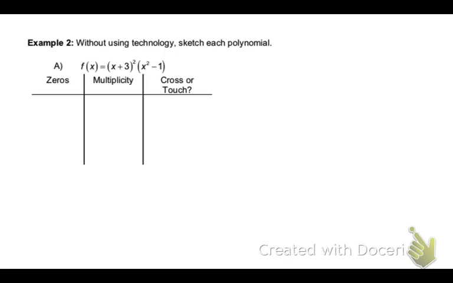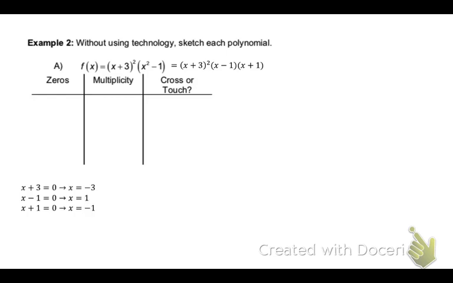So let's look at this, and we have to sketch this without technology. So if we factor the x squared minus 1, we could just square root both of these. The square root of x squared is x, the square root of 1 is 1. So that factors to x minus 1, x plus 1. So set each of those equal to 0. x plus 3 equals 0, x minus 1 equals 0, x plus 1 equals 0.